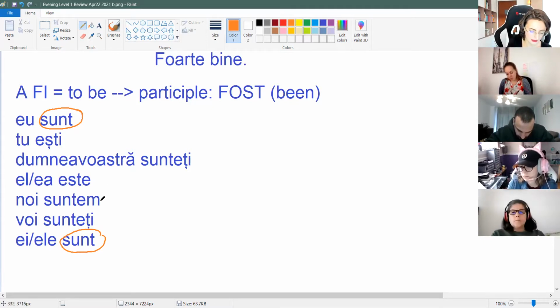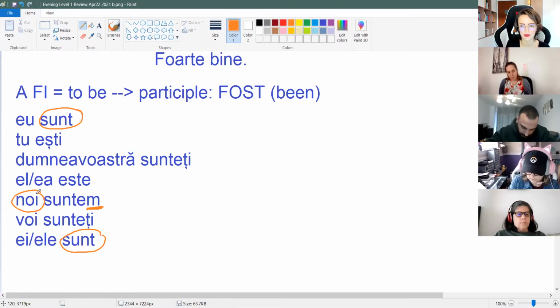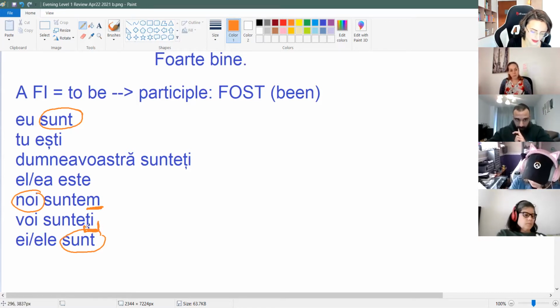Another thing that you can remember for all the verbs is that if they end in M, then it's always "noi". A verb that's conjugated with M at the end refers to us, the first person plural. And similarly, a verb that ends in T is always about you plural.